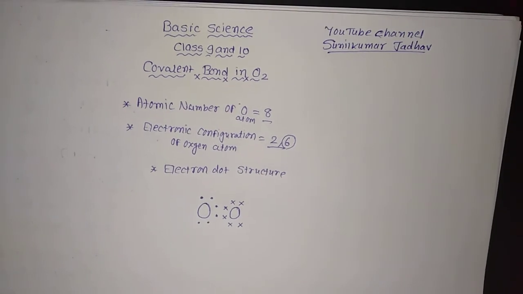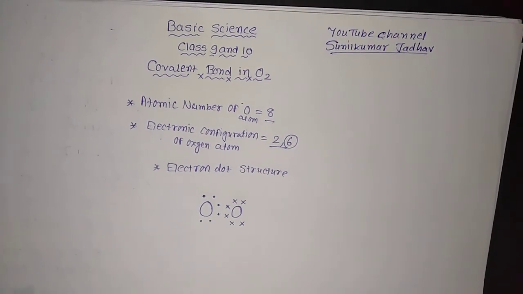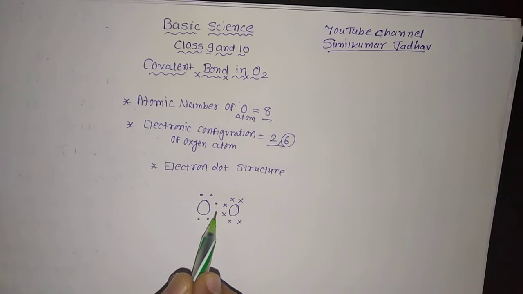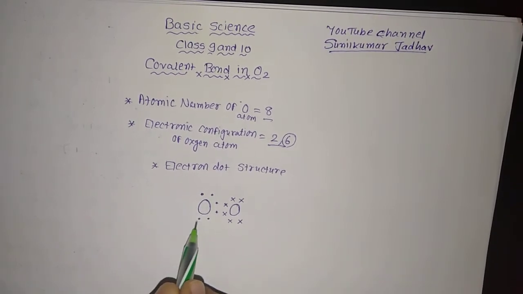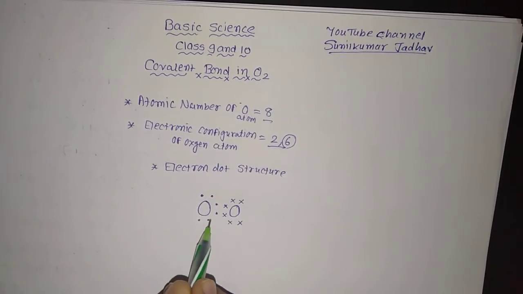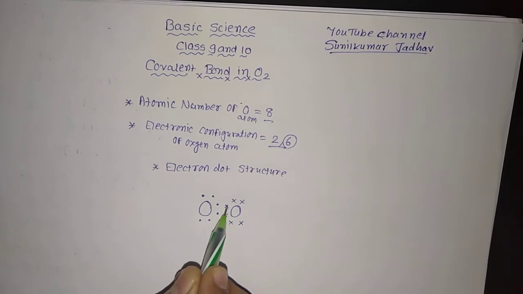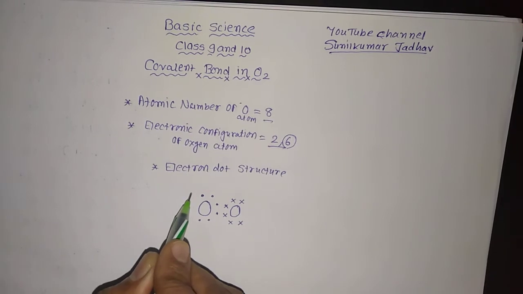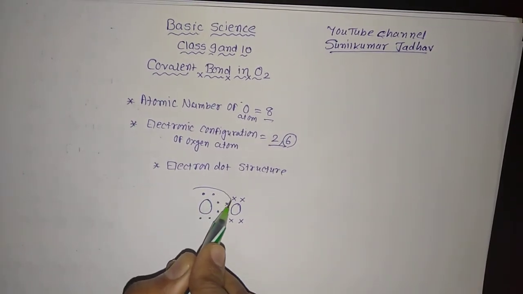Here also the electrons are doing the same kind of sharing. As this oxygen has 1, 2, 3, 4, 5, 6 electrons and 2 more are required, it will share 2 electrons with this oxygen. So it would be like this.